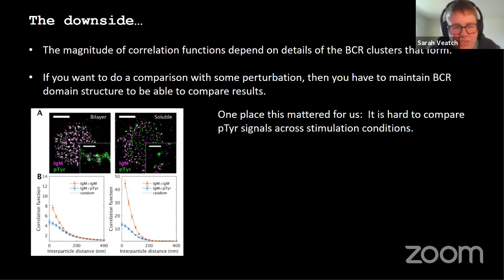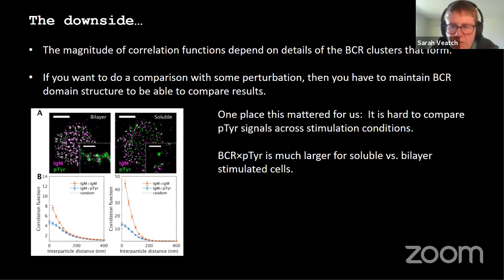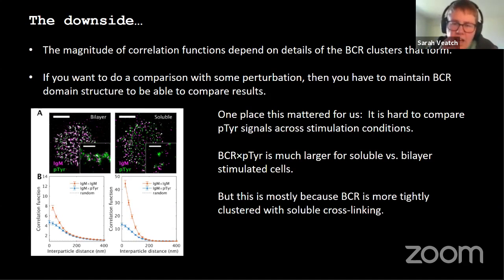But the reason that these are so different is not at all about how activated they are. It's all about the structure of the B cell receptor clusters. In the soluble case, they're smaller. They take up less of the membrane surface, and so they have much higher autocorrelation functions, and therefore much higher cross-correlation functions. So we can't just read this off and draw some easy conclusion.